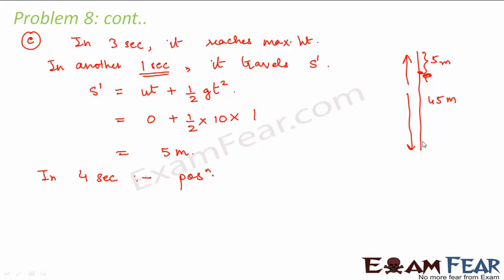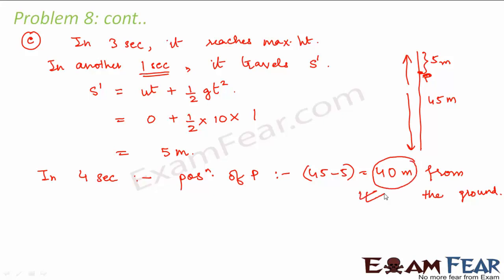So we have to find out the position of this point P. So position of point P will be 45 minus 5, that is equal to 40 meters from the ground. So this would be the position of the stone after 4 seconds.